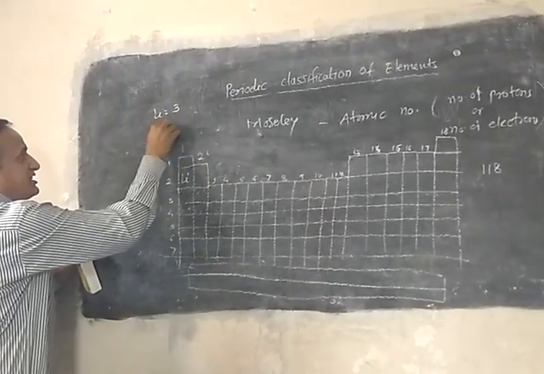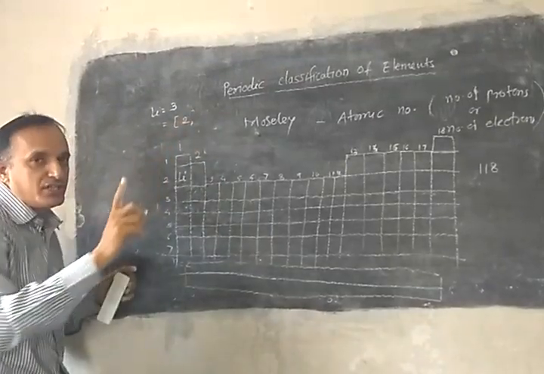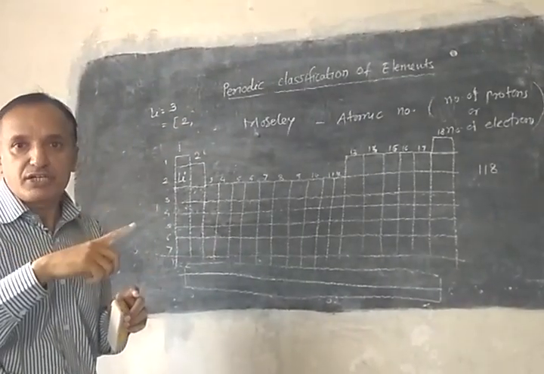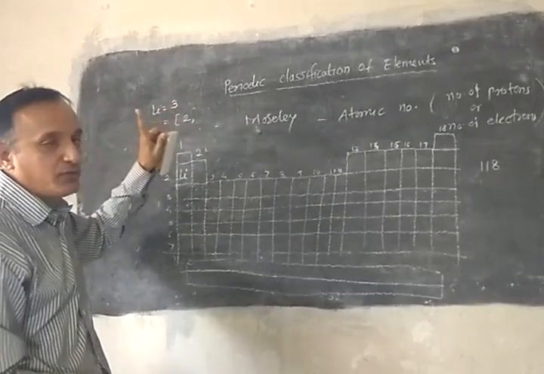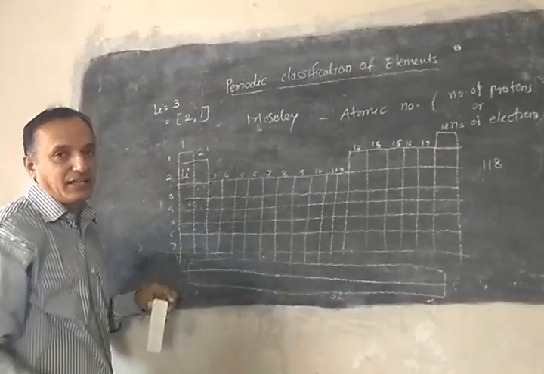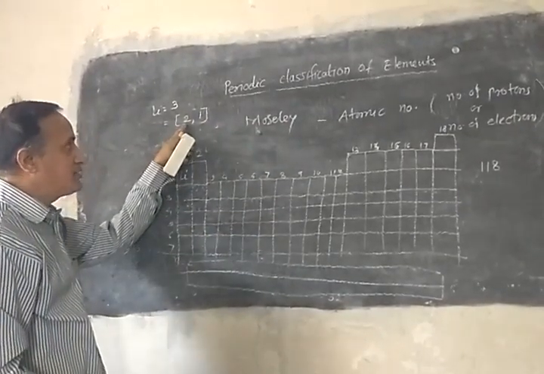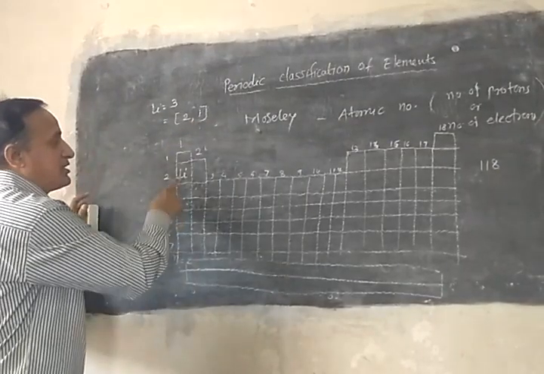So its configuration is: in the first shell, 2 electrons are there. We know the first shell has a capacity of 2 electrons, and the remaining 1 electron is there. Now 3 minus 2 is 1. That electron will go into the next shell. So the K shell contains 2 electrons and the L shell contains 1 electron, so it is kept here.